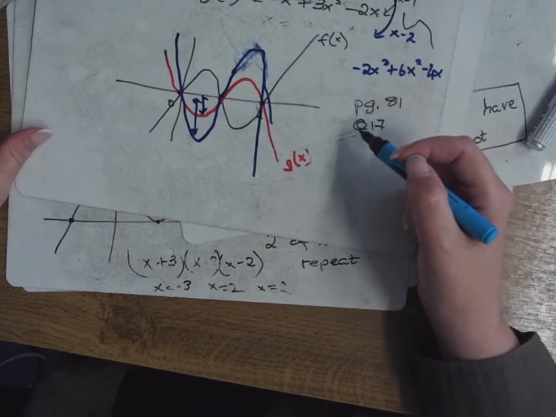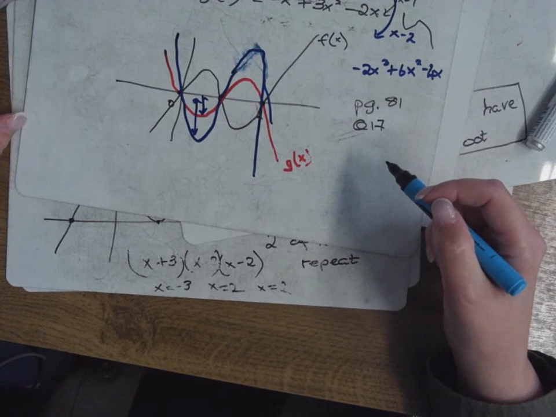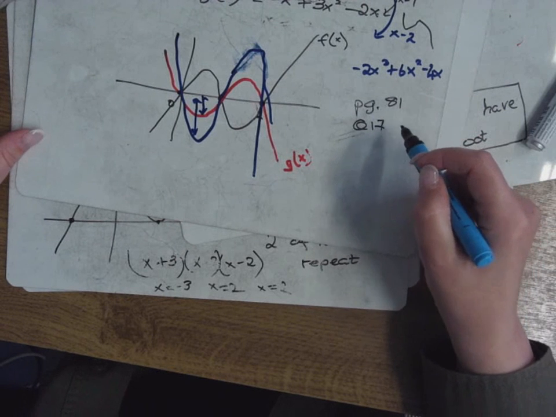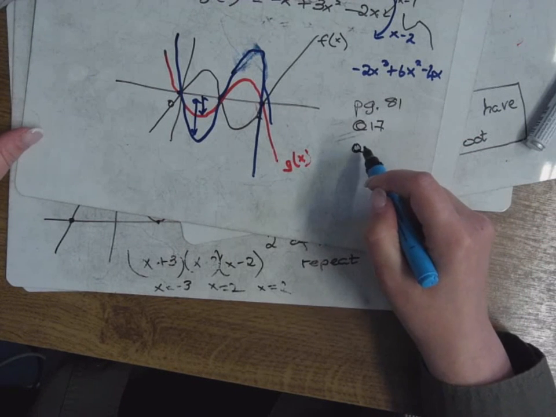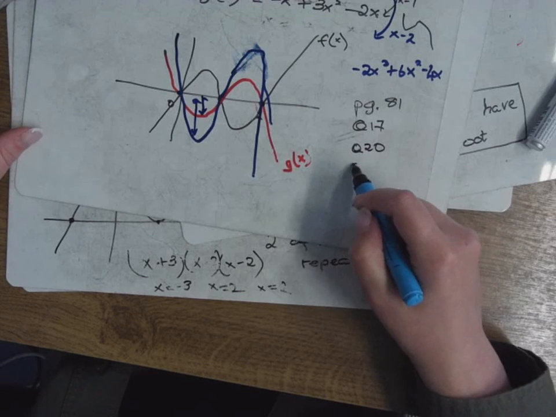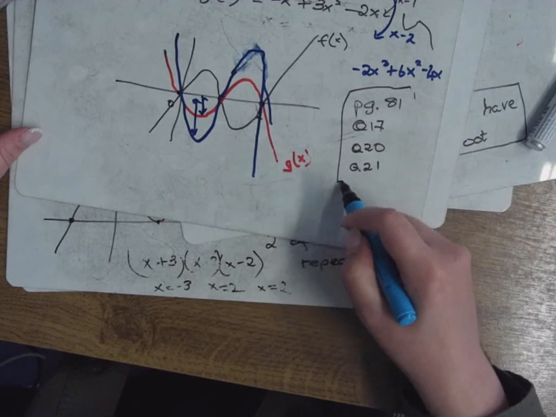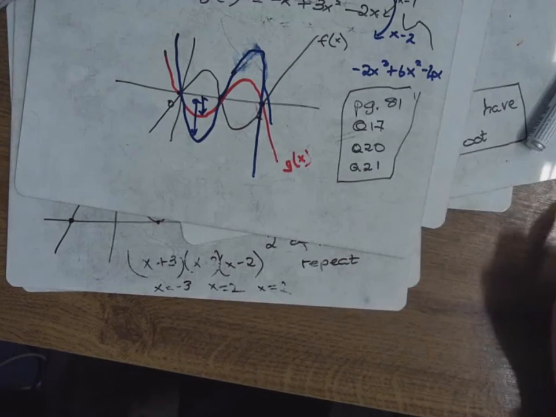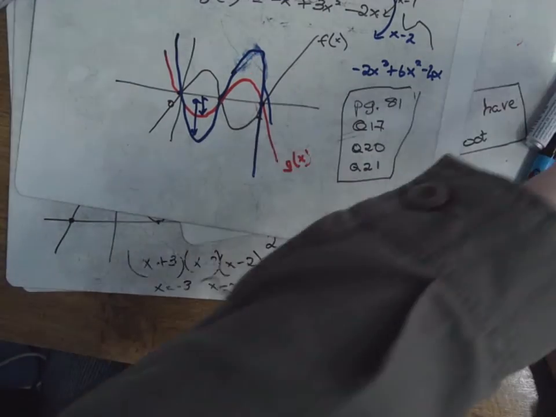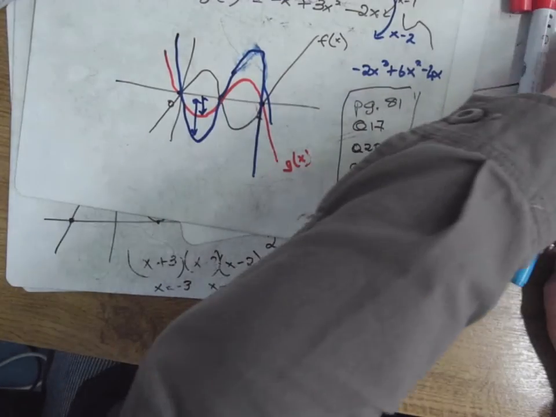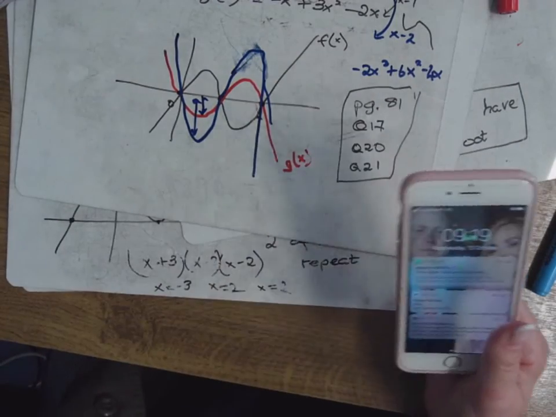Let's do a couple of harder ones there. Question 20 and question 21. So page 81, 17, 20 and 21, and I'll stick it up and you can get started now. If anyone has any questions, now's the time to ask them.